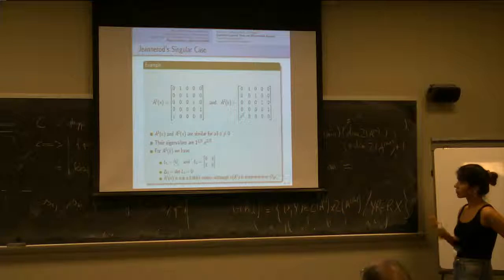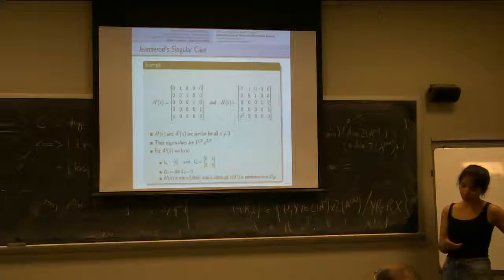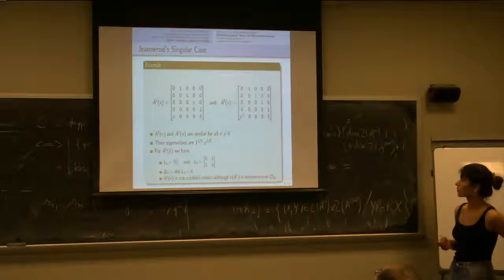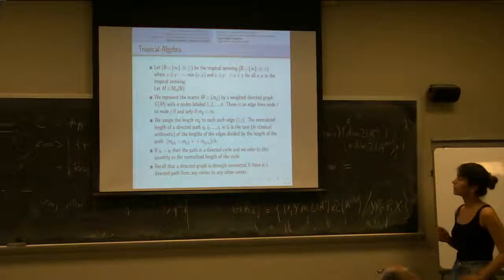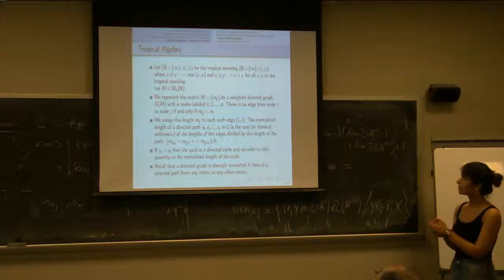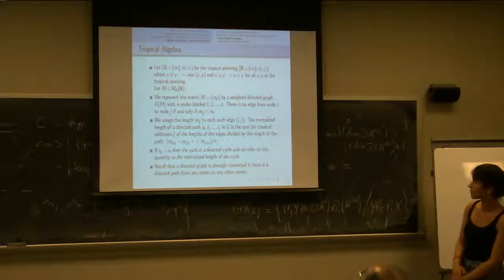And another approach to solve the singular cases in the Litsky theory comes from tropical algebra, and we were trying to see whether these two approaches superpose. So, for the tropical algebra, we consider the tropical semi-ring, where the addition is the minimum and the multiplication is the addition in the usual sense.